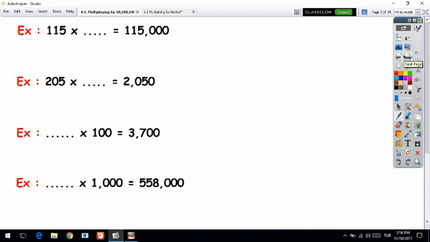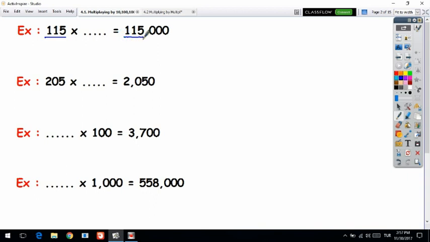So now it's time to practice more. These are a little bit different questions. 115 times another number, but we don't know it yet, so we call it unknown. There is a missing factor, and the result is 115,000. First of all, how can we solve this kind of question? Let's look at the known factor. 115 is a known factor. Can you find 115 in the result from the left side?